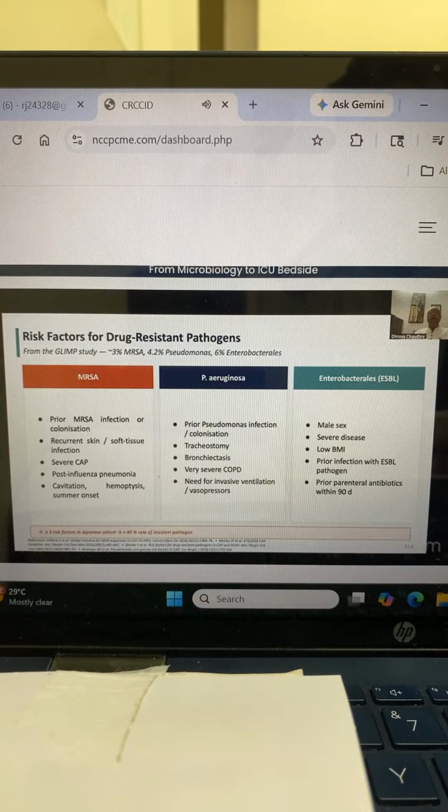This is important to realize for staphylococcal infection, and under it MRSA, where people have been using these antibiotics. For Pseudomonas, you need structural lung disease, especially bronchiectasis, and a person requiring ventilation. On the other hand, for Enterobacterales, you need to see male sex, chronic lung disease, and obviously diabetes and parenteral antibiotics or contact with the hospital earlier.